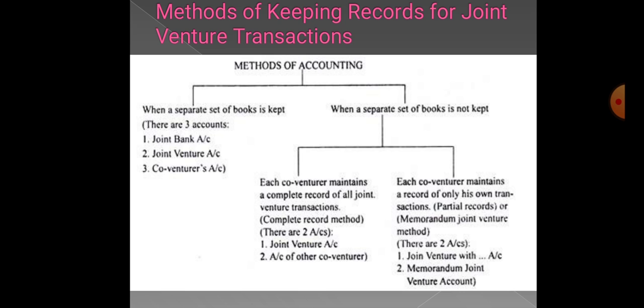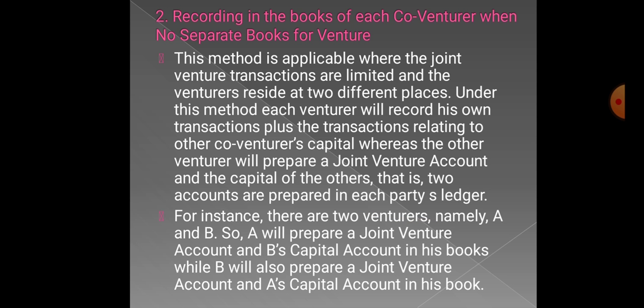The second method is recording in the books of each co-venturer when no separate books of venture are maintained. Under this method each co-venturer will open two accounts, that is the joint venture account and the other co-venturer's account.